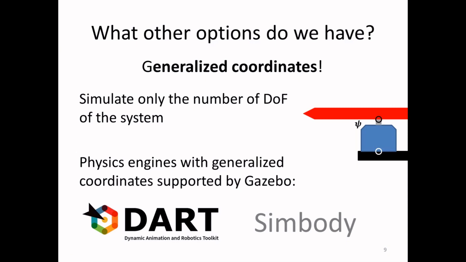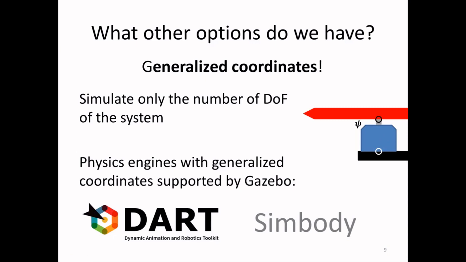So things become reduced, and the simulator is only going to be simulating the specific degrees of freedom of that system. Our SDF file specifies that the link between the motor and the frame is fixed, and really the only degree of freedom we have is the propeller rotating along the z-axis of the shaft of the motor.